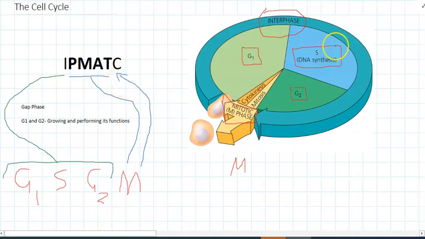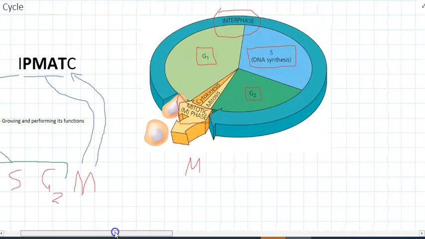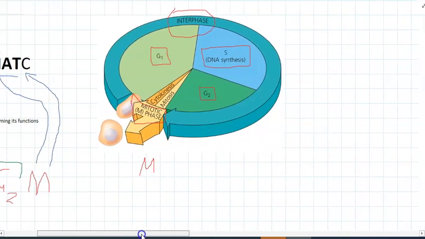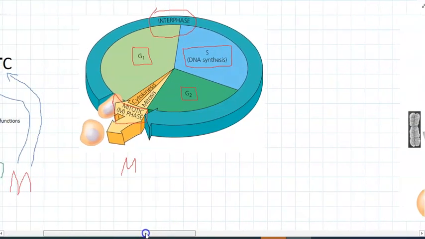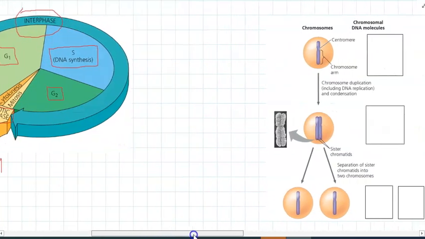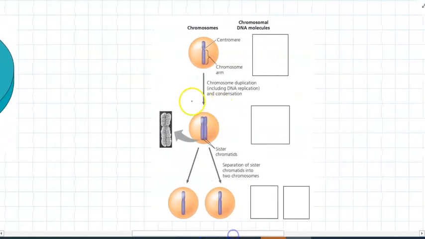All right, so the last thing is to look at what is actually happening when the DNA replicates. Well, in the next level, you'll learn exactly what enzymes are involved in copying a DNA strand, but for now, we need to understand the basic parts of the chromosome and what they look like when they divide and replicate. So some new words to describe chromosomes are centromere and chromosome arm, firstly.